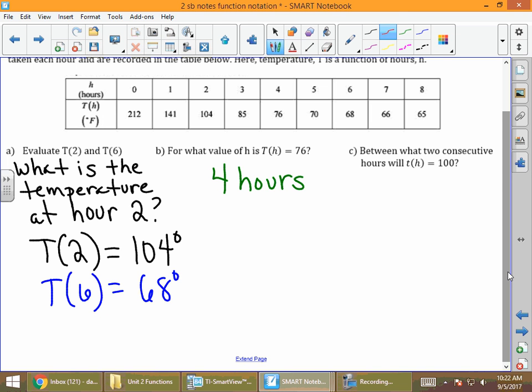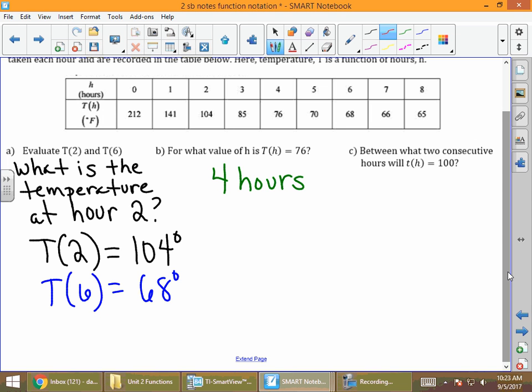Part C. Just becoming more familiar here with these. The top row is the hours. The bottom row is the temperature based on the hours. It says between what 2 consecutive hours will our temperature be 100? The time T of H is even labeled in our table over here. It's not going to be between hours 0 and 1, because we go from 212 degrees to 141 degrees.